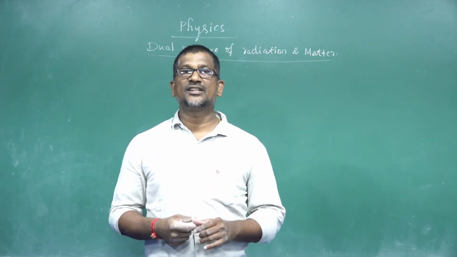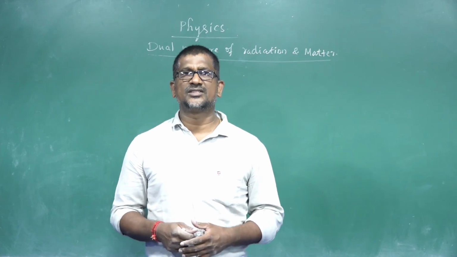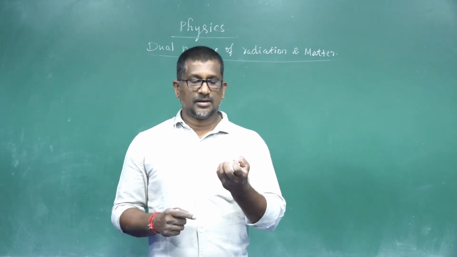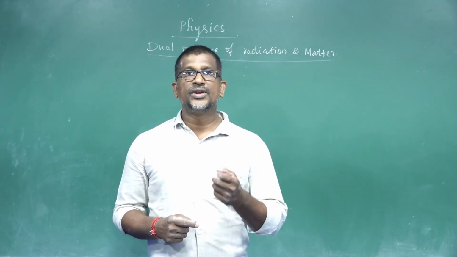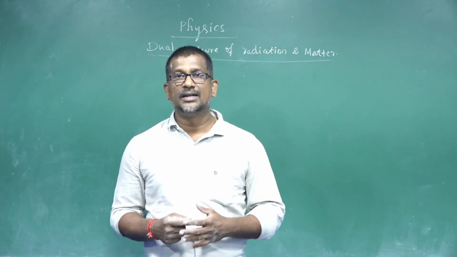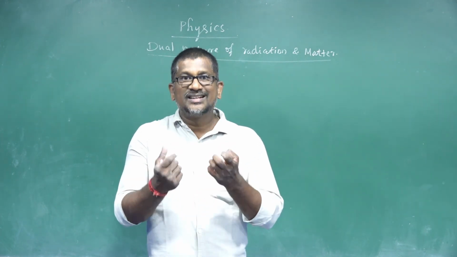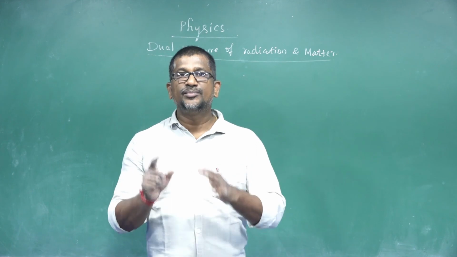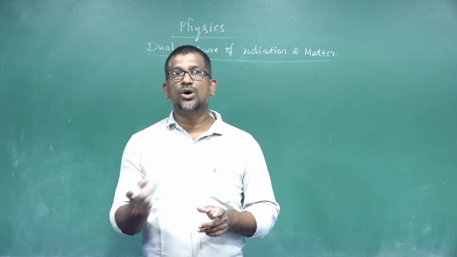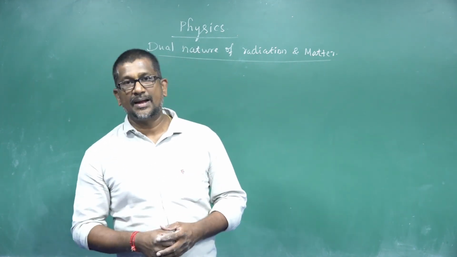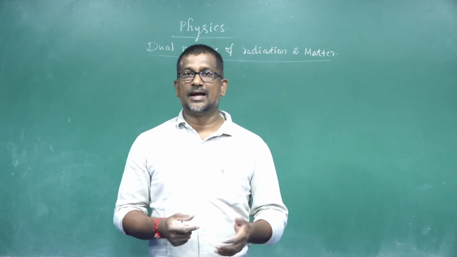Next, characteristics of a photon. What are the characteristics? First, if the radiation has frequency ν and wavelength λ, the radiation consists of photons. The energy of the photon is given by E = hν, or E = hc/λ.